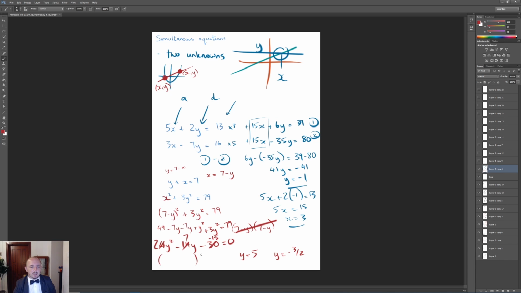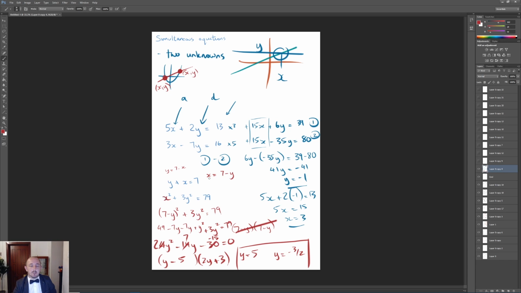And we know our brackets are going to be, we've got y equals 5, so we're going to have y minus 5. And so to get 2y, I'm going to do 2y, and to get the 15, I'm going to have positive 3. So just check that, 2y squared plus 3y minus 10y, negative 7y, that works. So my y coordinates are y equals 5 and y equals minus 3 over 2.